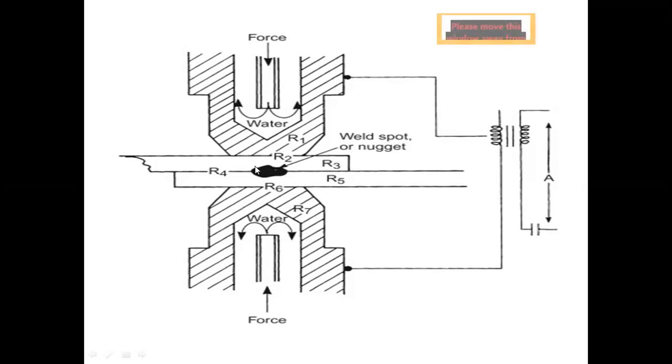At this temperature the plates reach a plastic stage, and then they will be welded here. Simultaneously, whenever this plastic stage is reached, we apply some pressure. You can see the pressure here. Whenever we apply pressure, the plates will be joined together.